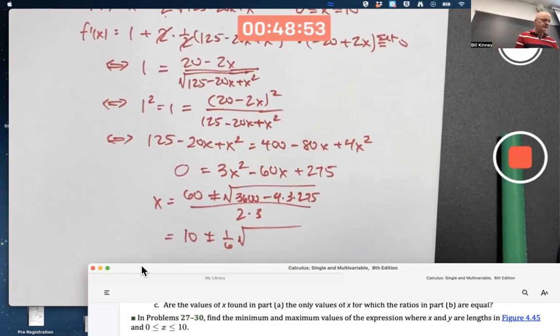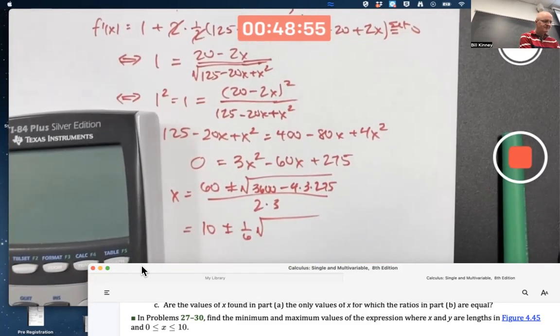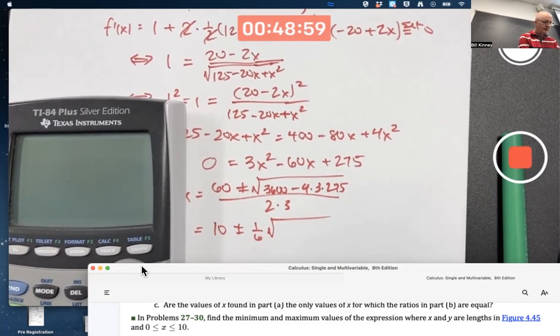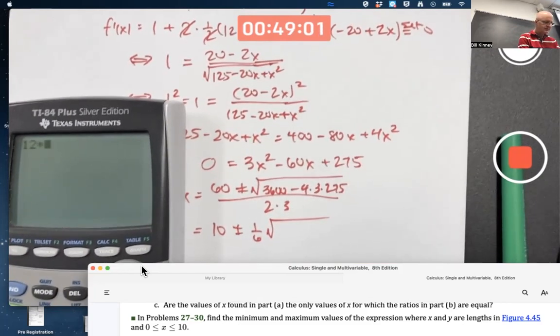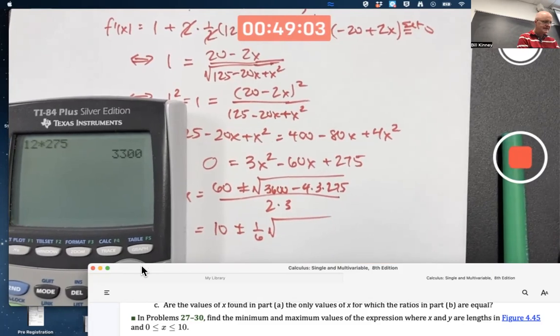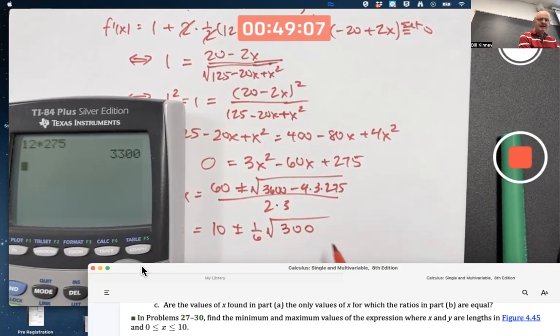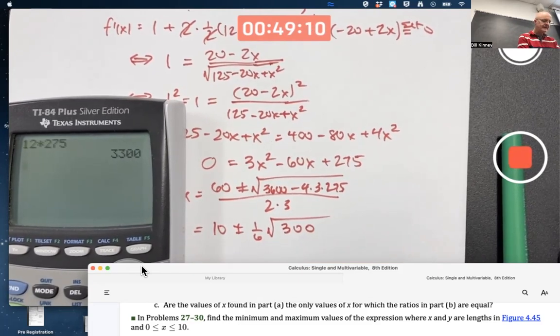Even if it weren't, it would just mean there are no real critical points. 12 times 275 is indeed less than 3,600. 3,600 minus that is 300. It's not a perfect square, so it's not technically a nice number in the end here, but it is what it is.